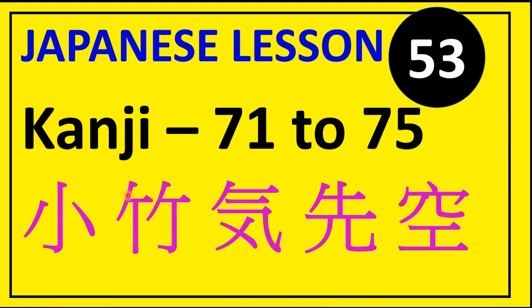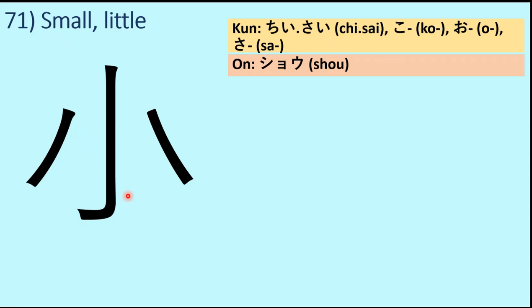So let's start with today's first symbol, which represents small or little. In Kun'yomi, the readings are chisai, ko, o, and sa. In On'yomi, the reading is shou.